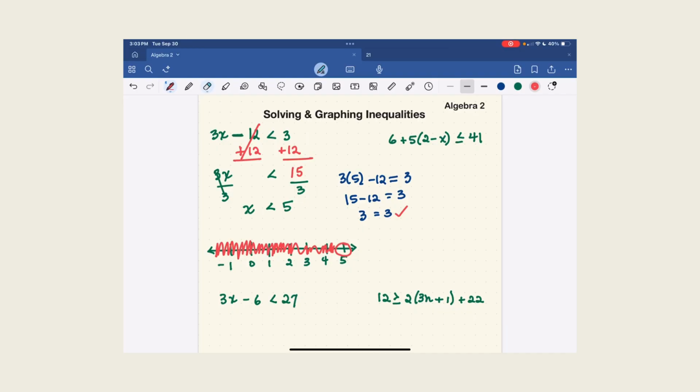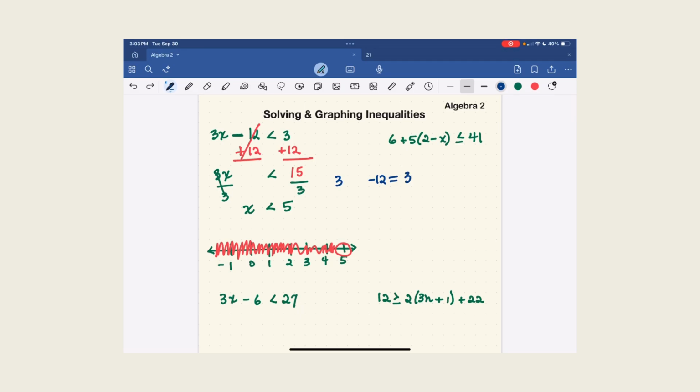All right. And we would do the same thing by choosing a different value and substituting it into the original equation.